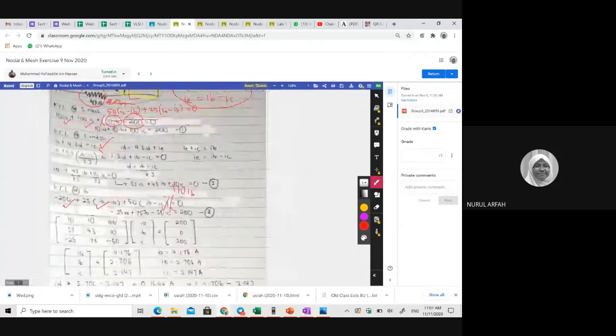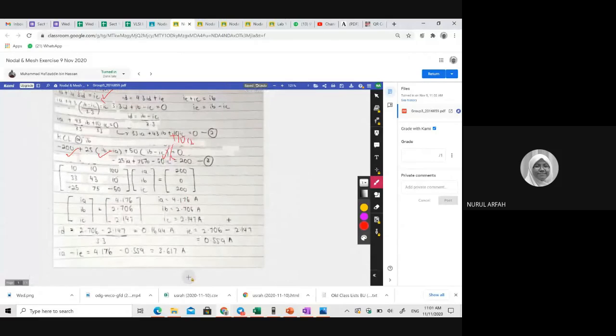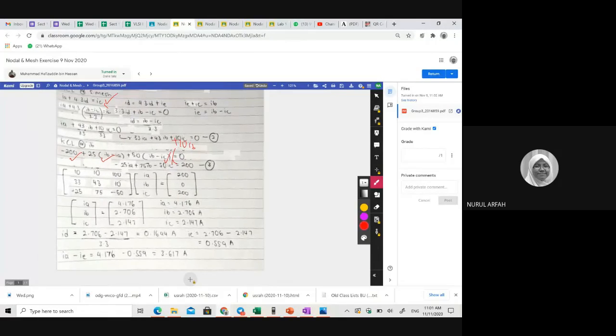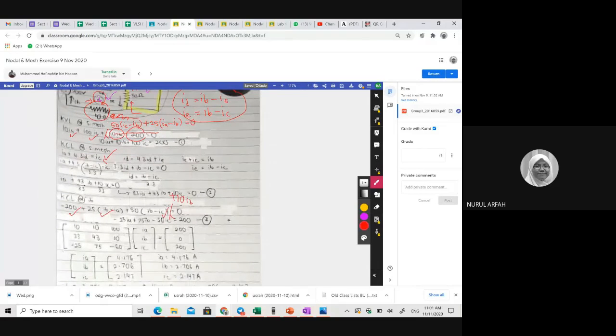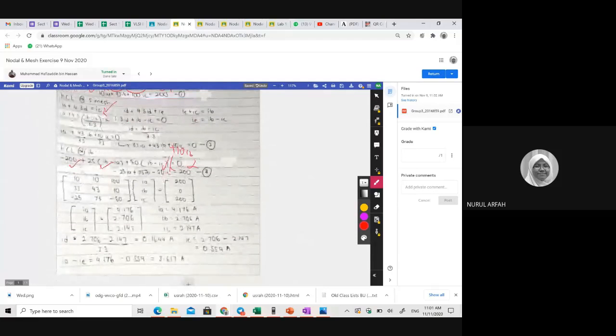So you will get the answer. I don't have the final answer, but you, because your calculation here is wrong and this is also wrong. The equations are wrong. So redo this in your groups and then compare with your friends. Do you get the same answer or not? This one should be correct if your equation is correct.